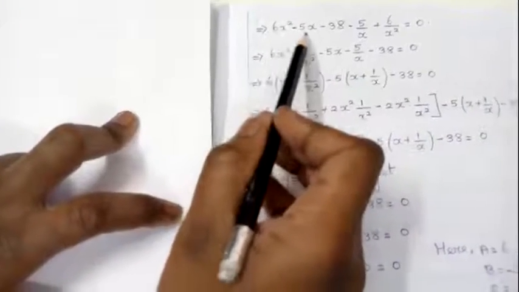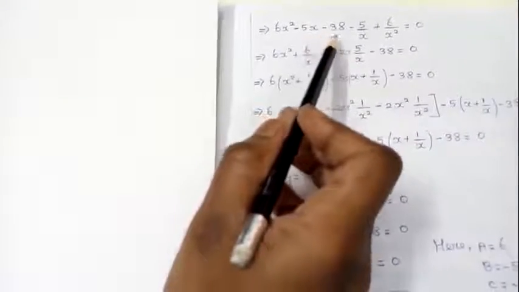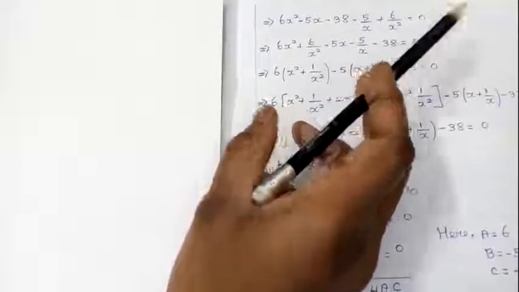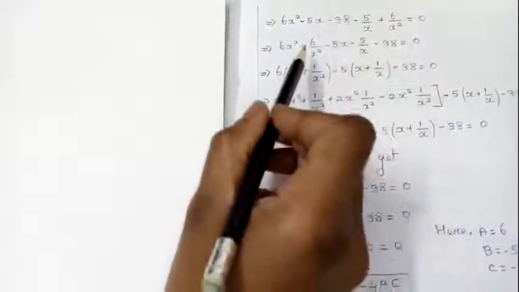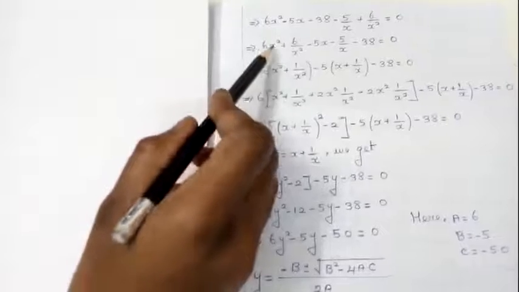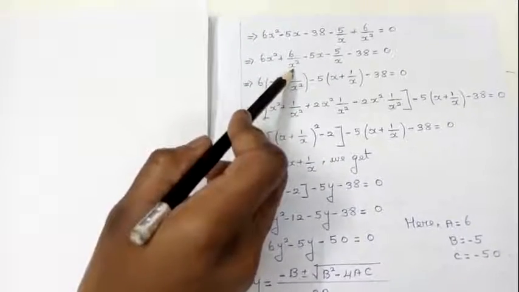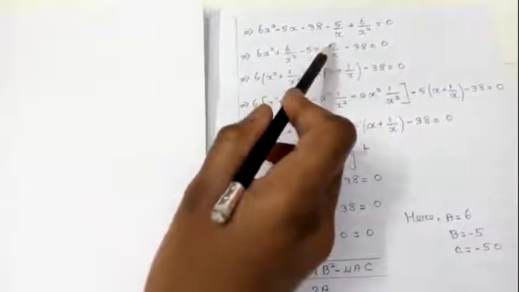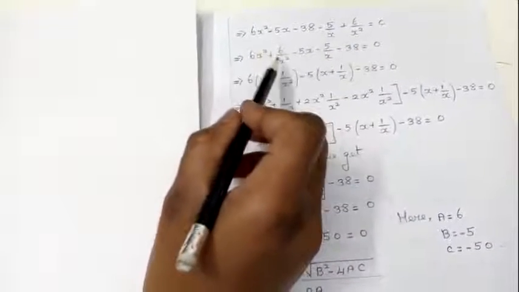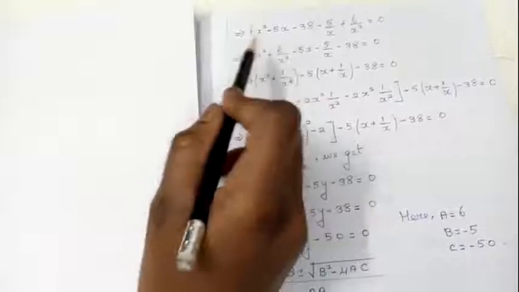6x square minus 5x minus 38 minus 5 by x plus 6 by x square equal to 0. What I am going to do is group the x square combination, the x combination, and the constant separately, that is 6x square plus 6 by x square minus 5x minus 5 by x minus 38 equal to 0. I am rearranging the terms inside the left hand side itself.